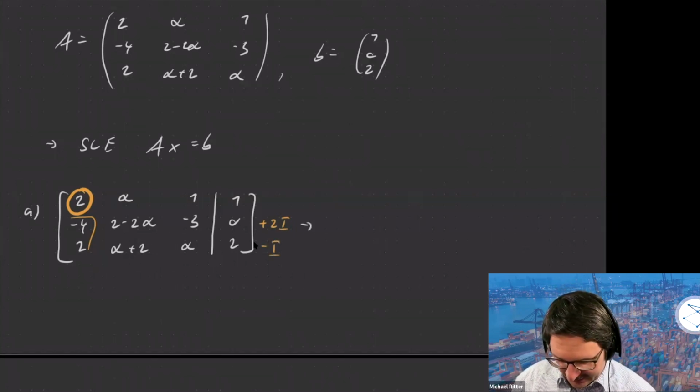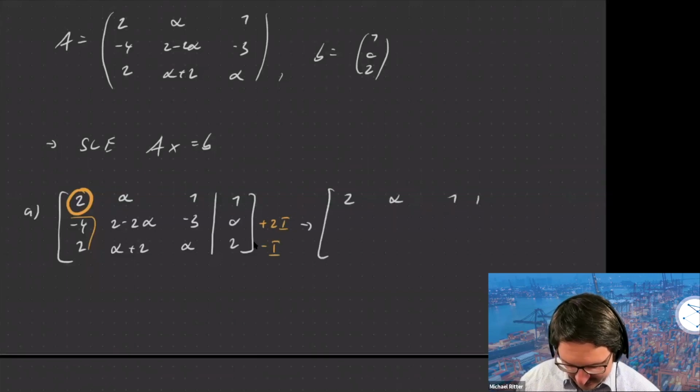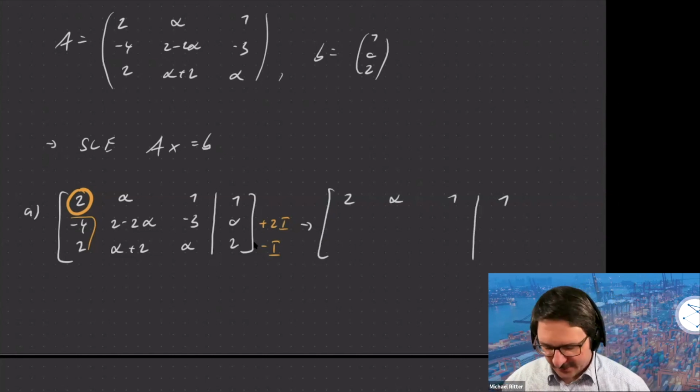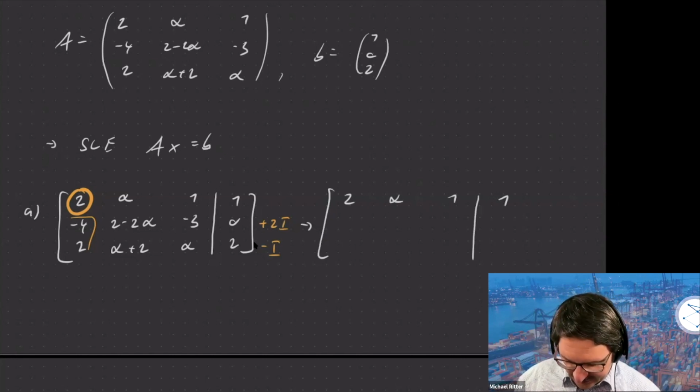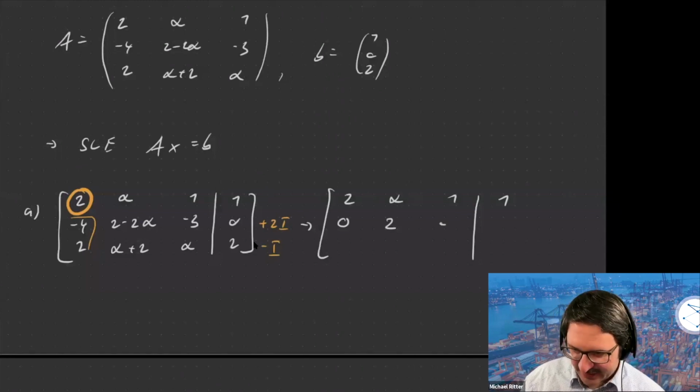And what we get is, the first row is just being copied, right-hand side 2. The second row will then be minus 4 plus 4, that's 0. 2 minus 2 alpha plus 2 alpha, so nicely enough the alpha vanishes, that's just a 2. Then we have minus 3 plus 2, that's minus 1.